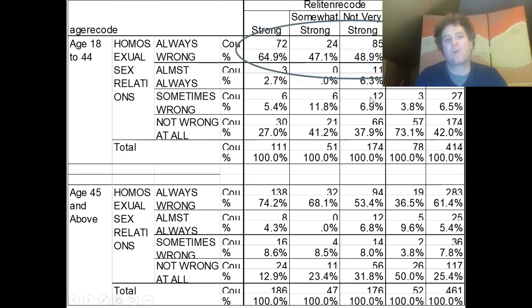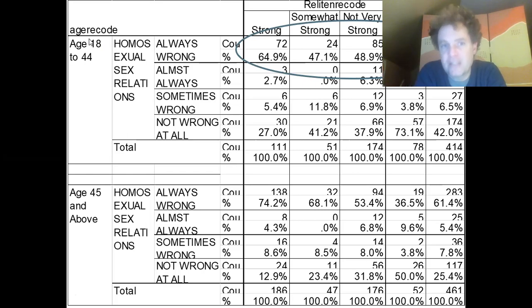Again, we're going to do the same thing and look across the rows. Here we have the top row, which is now for younger people, 18 to 44. Is there still a relationship between how religious somebody is and their views that homosexuality is always wrong? So what do we see?